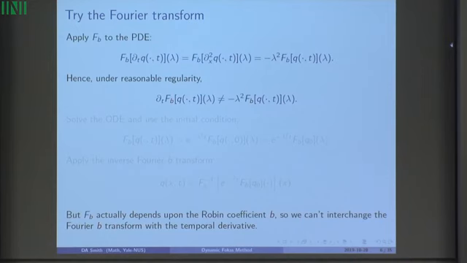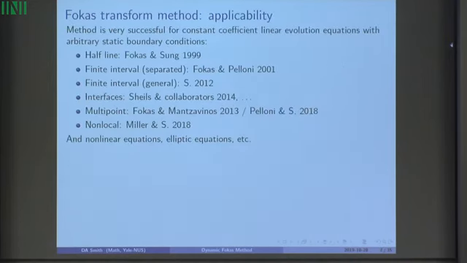So we need a new approach. How are we going to get that new approach? Well, I suggest we use the Fokas transform method. I know that some people here are experts, and some people might not have seen this at all before. I'm going to try to give you some introduction to how it works without going through every detail.